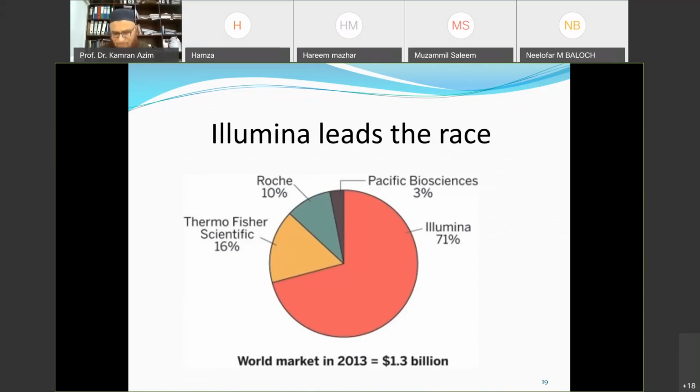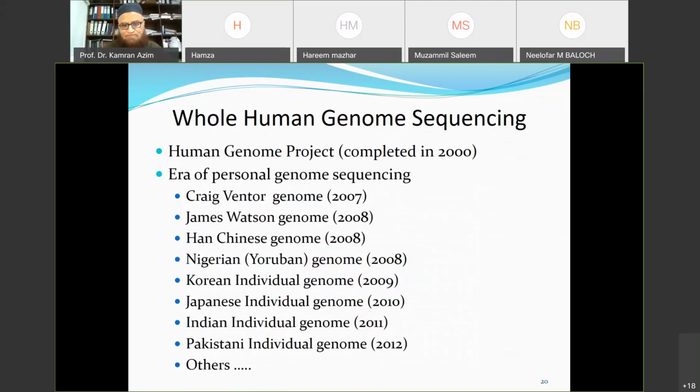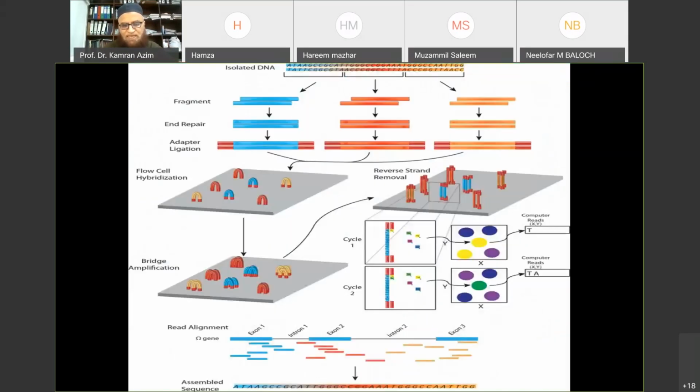It means that three-quarters of the users are using Illumina sequencing, and only one-quarter are using other sequencing like Thermo Fisher or Roche or Pacific Biosciences. So we will be focusing on Illumina sequencing, as I mentioned before. This slide describes the principle of Illumina sequencing technology.